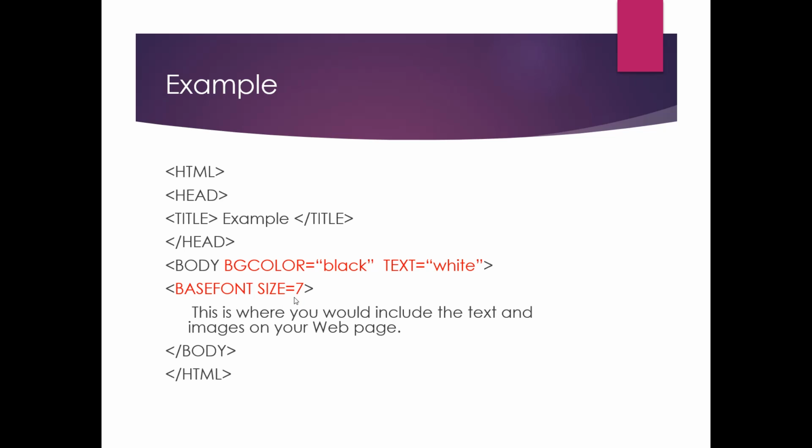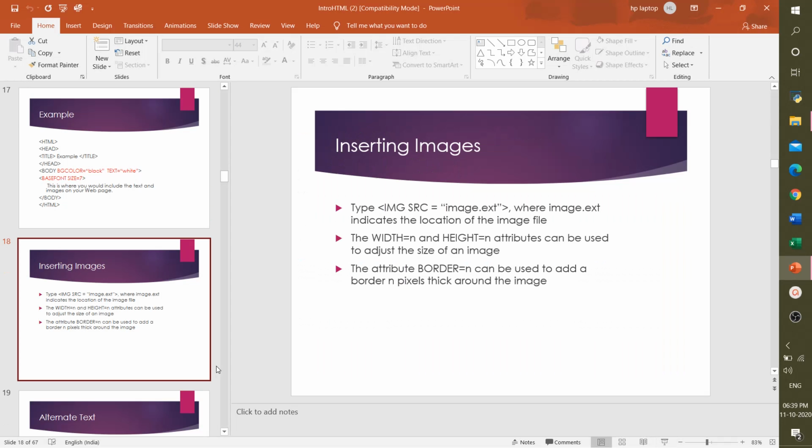So if you're having a black background, then you write the text in white color, and the base font is size 7, that is the smallest size. Then you just close the body, and HTML is closed, and whatever images and text you are including is in the body. Okay, then comes inserting an image.